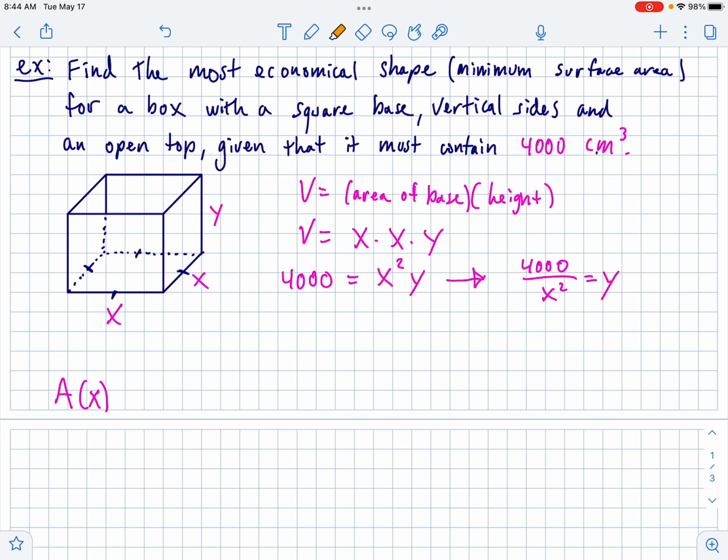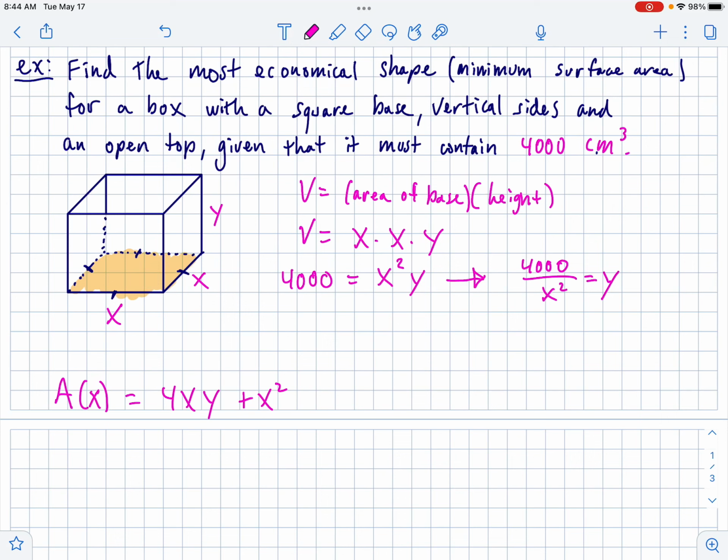There's one in the back, that's x times y, and there's one on the side, that's x times y. So we get 4xy, and then the last part, since there's no top, there's just a bottom, is a base of x squared. So we get 4xy plus x squared.